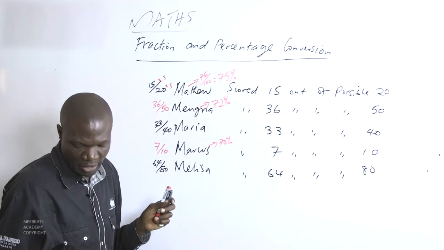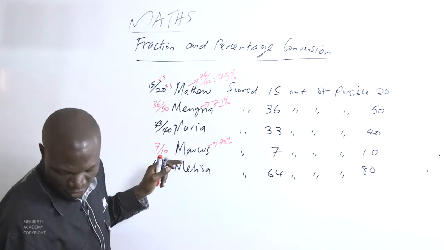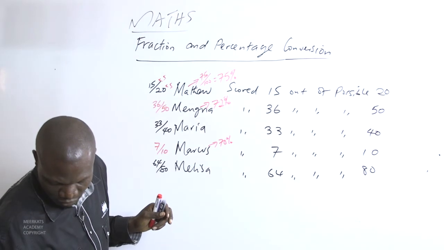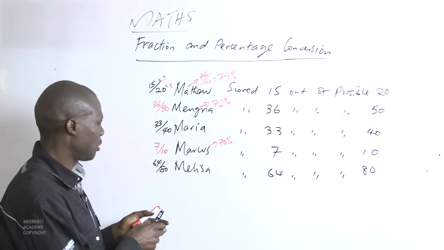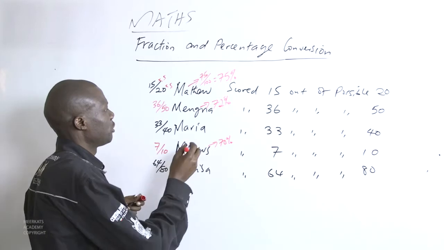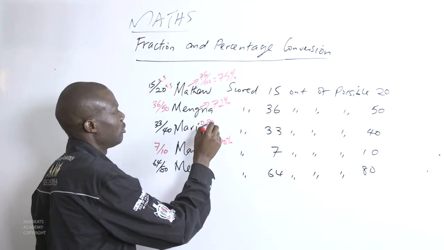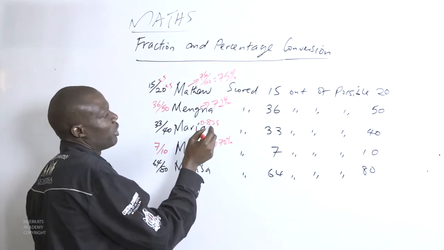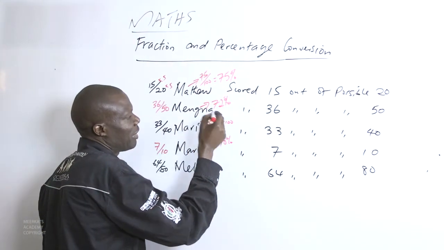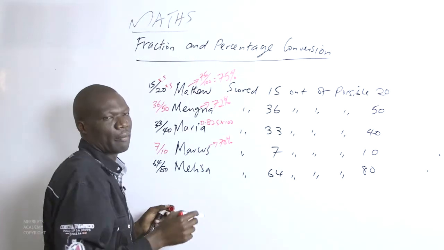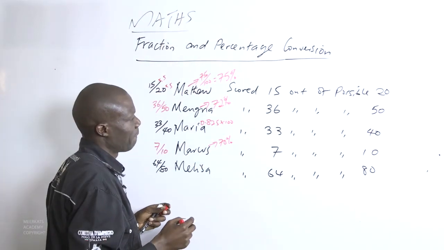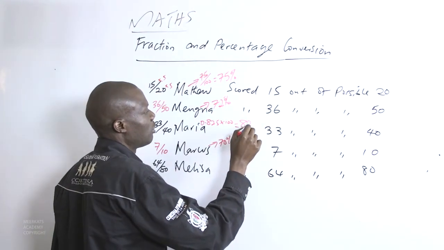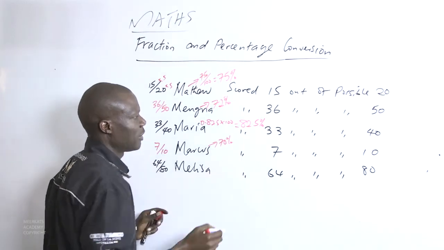So for Maria, you find 33 over 40, if you're using your calculator, you'll find that this is 0.825. As a percentage, we only require to multiply this by 100 or move the decimal point twice to the right, and what you get here is 82.5%.